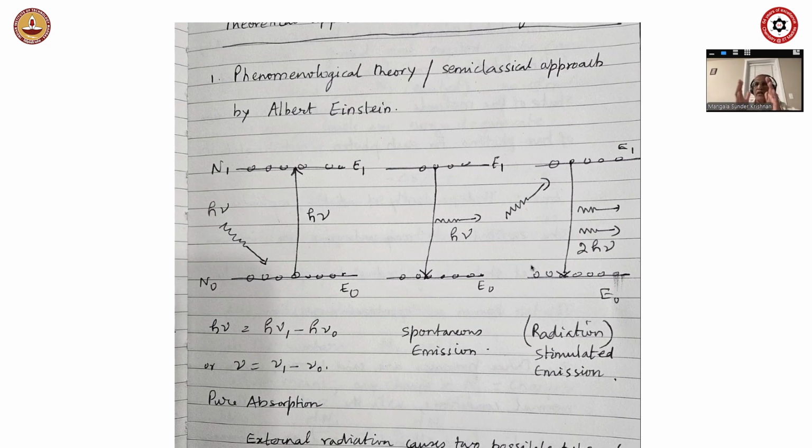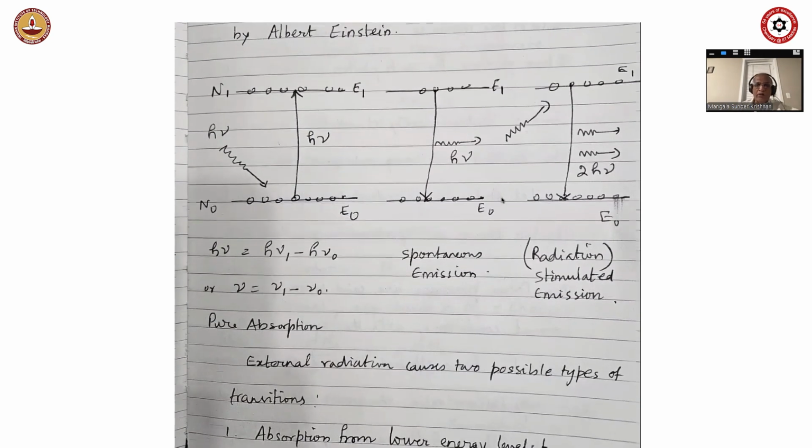Now, if the radiation and the molecules are in thermal equilibrium, there is no net transition. Whatever the number of molecules which are created in N0, from N0 to N1, the number should come down to N0 again, and therefore there is equilibrium. So Albert Einstein came up with a small, very simple model equations.